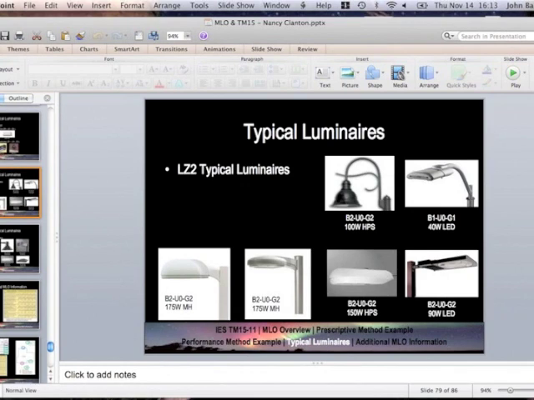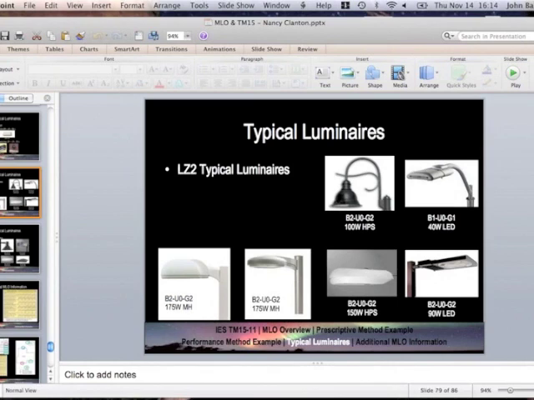In lighting zone 2, here are some examples of luminaires that will meet most of the lighting zone 2 requirements, everywhere from 100 watt high pressure sodium to 40 watt LED. It all depends on the distribution. You can't just blanketly say, oh, 100 watt high pressure sodium will meet it.